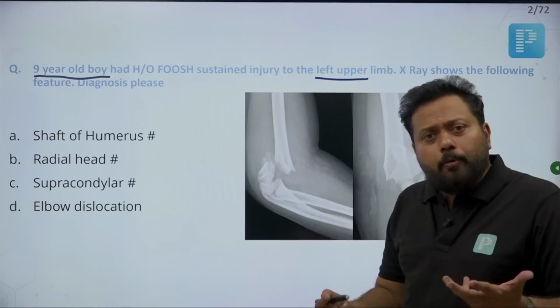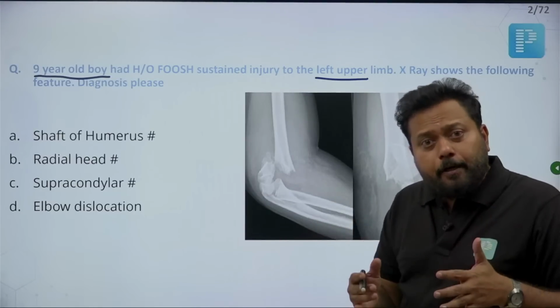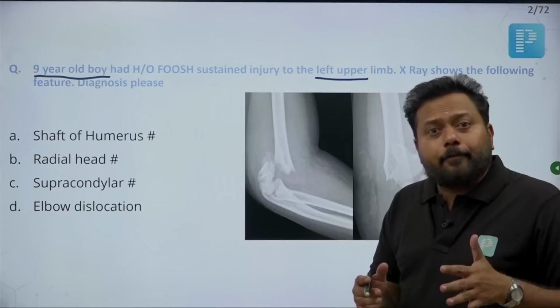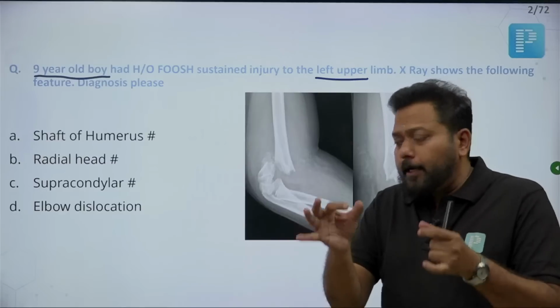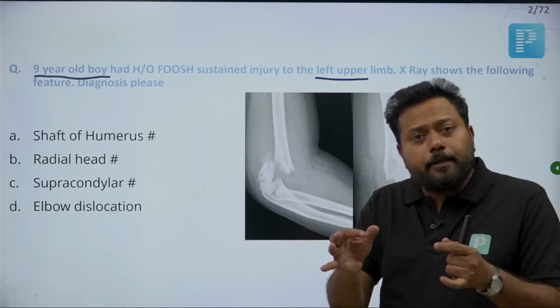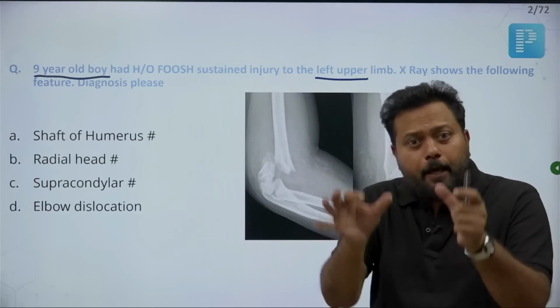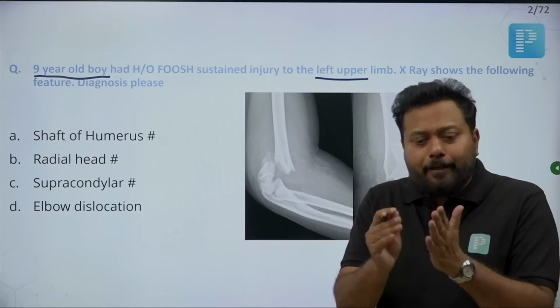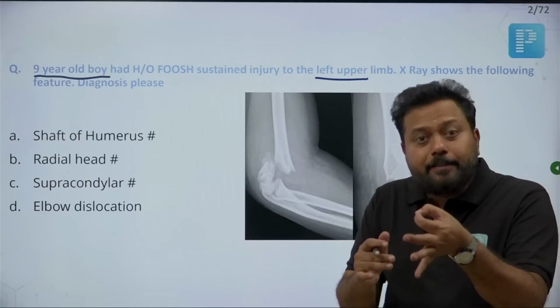And you know why supracondylar fracture is very common in children, especially below 10 years of age. When you see the anatomy of an adult humerus and a child humerus, a real bone, the child humerus is a little flatter, and the adult humerus is cylindrical.